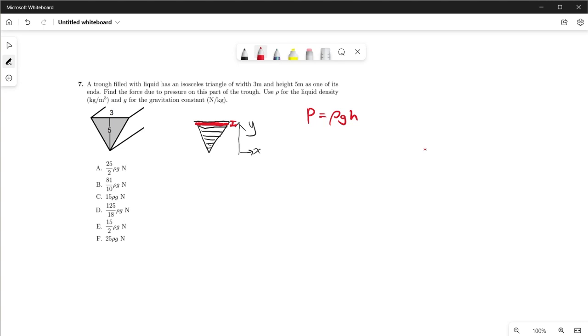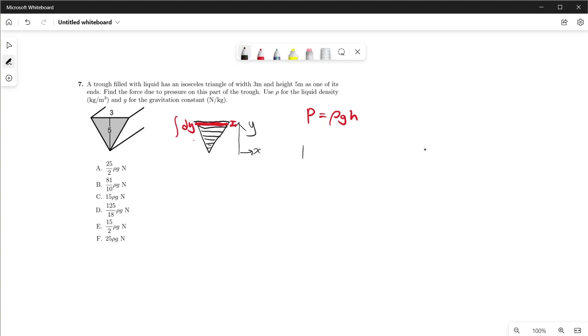I keep saying water. But if we are able to do this layer as dy and then integrate over all those layers, then we can get the pressure over the whole area of this triangle. And that's the approach I'm going to take.